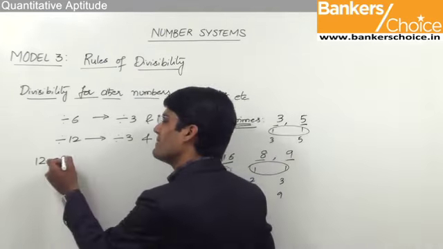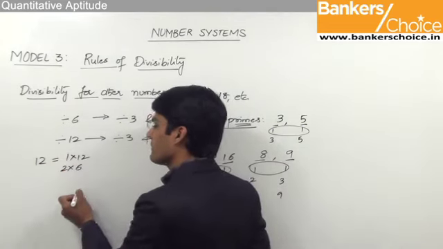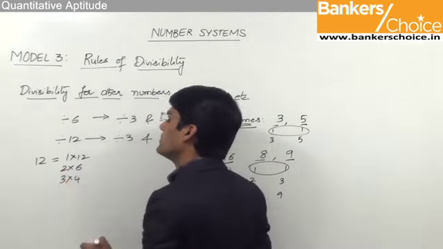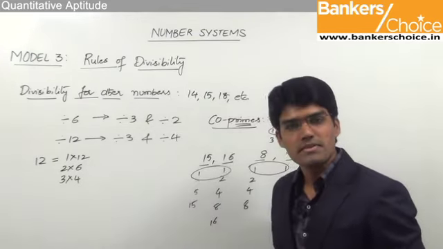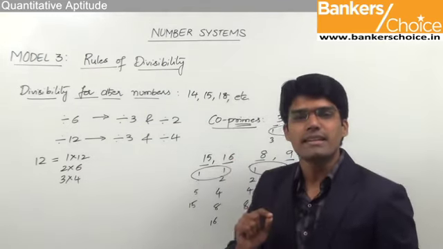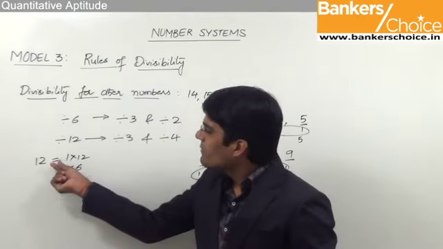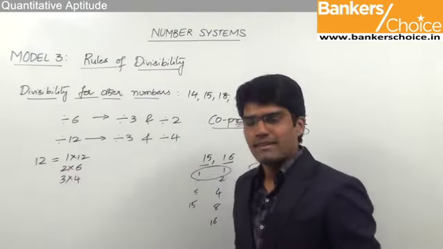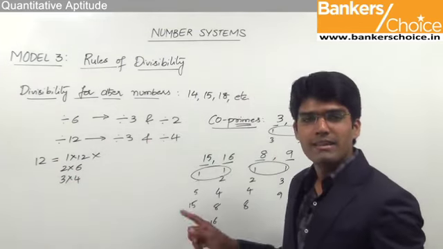For example, 12 can be taken as 1 into 12, or 2 into 6, or 3 into 4. These are the different ways in which 12 can be taken as a product of two numbers. Out of these three cases, we need to take up that particular case in which both the factors are coprimes. And factorization with 1 has to be neglected. So leaving out 1 into 12, the two possible cases are 2 into 6 and 3 into 4.